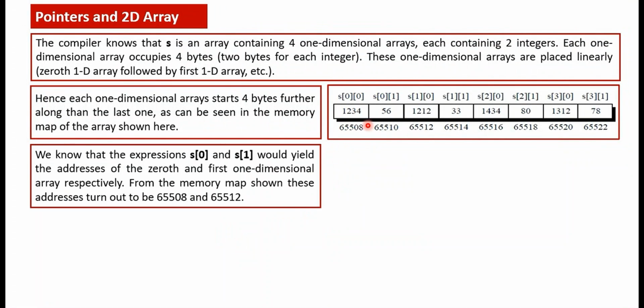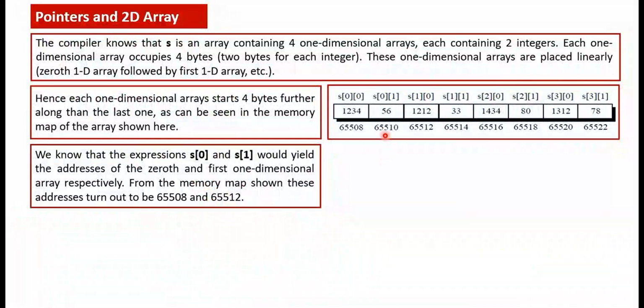Now we know that the expressions S0 and S1 would yield the address of the 0th and first one-dimensional arrays respectively. From the memory map shown, these addresses turn out to be 65508 and 65512.